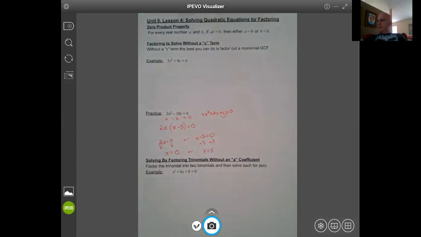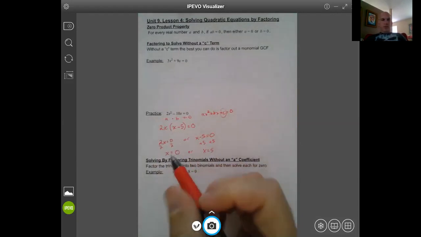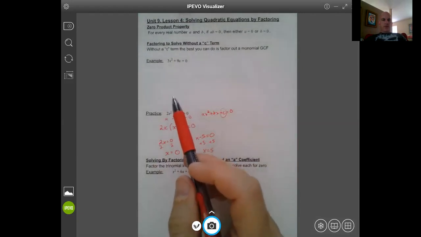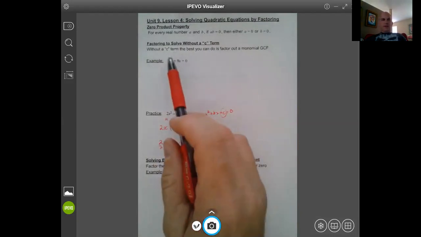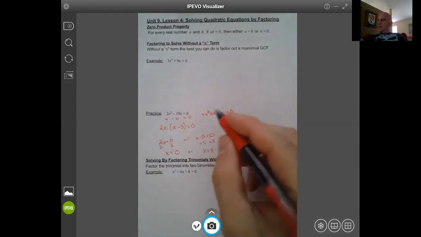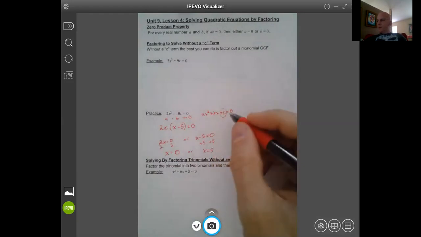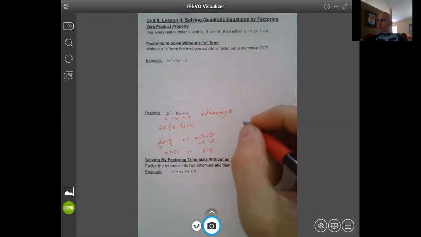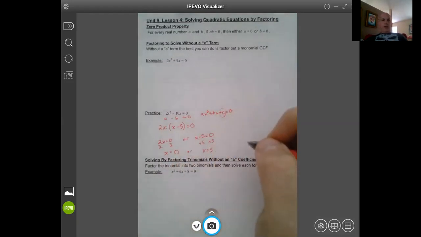What that means is that these are going to cross the x-axis at 0 and at 5. One thing I want to point out about this solution, and you probably noticed it if you watched the example, is that this one also had an x equals 0. The reason for that is when you're missing that c term, if you remember in the parabola version of this, if it was ax squared plus bx plus c, or y equals that, the function form instead of the equation form, then this c term would be the y-intercept.